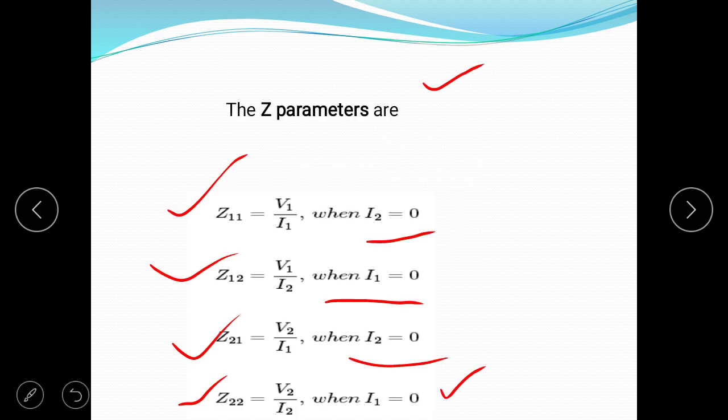So Z11 and Z22 are known as open circuit impedance parameters, or driving point parameters.